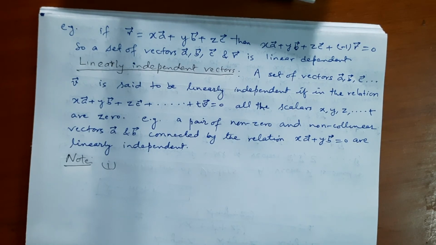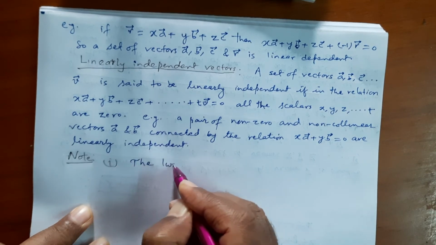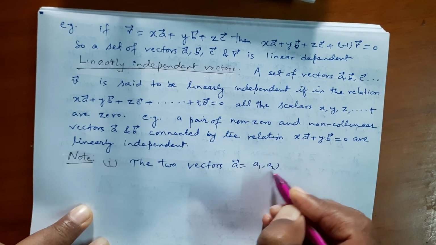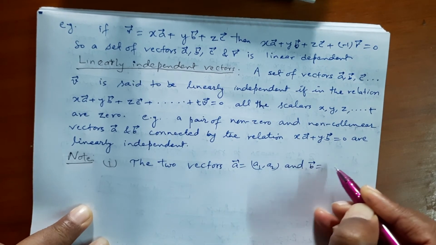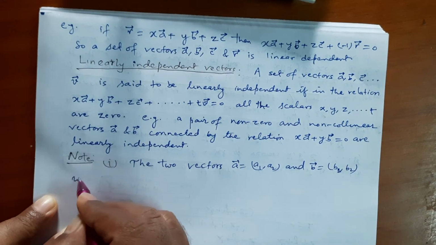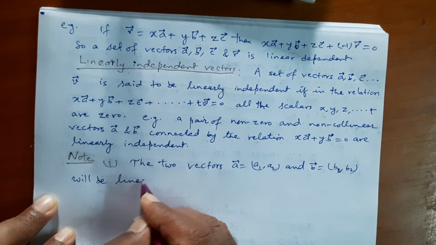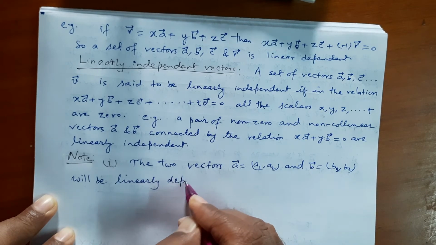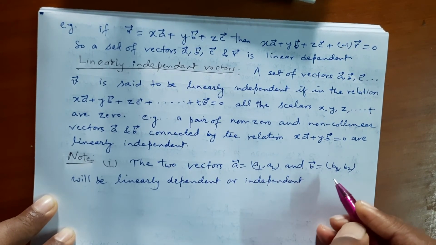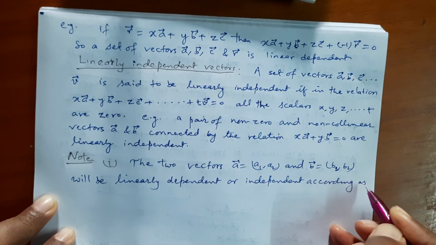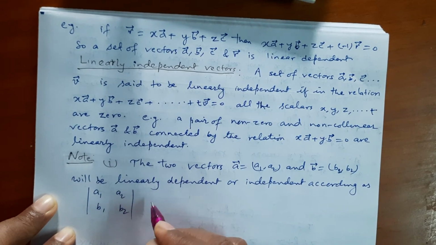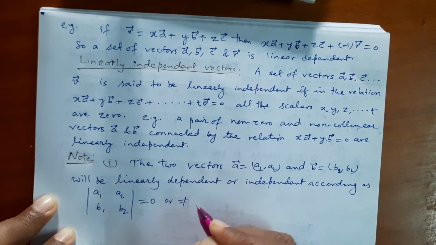The two vectors, vector A equals to a1 a2 and vector B equals to b1 b2 will be linearly dependent or independent according as the determinant of a1 a2 b1 b2 equals to 0 or not equals to 0.